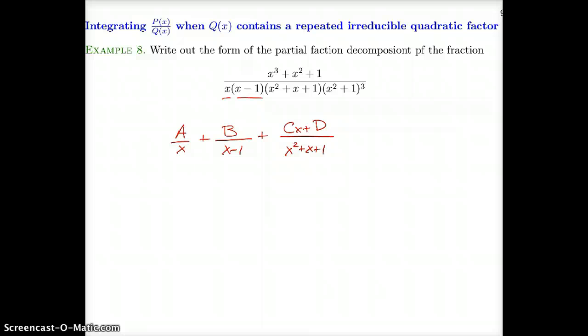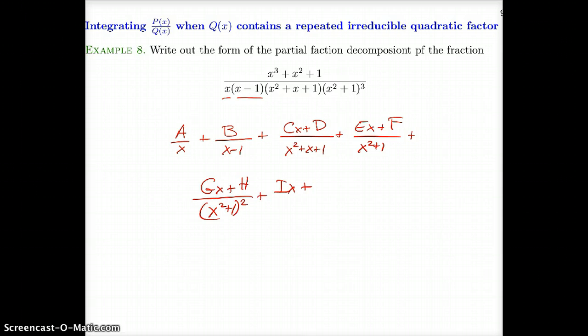If it was just x squared plus 1, I'd have Ex plus F over x squared plus 1. But because it's cubed, I'm actually going to have Gx plus H over (x squared plus 1) squared, and Ix plus J over (x squared plus 1) cubed.